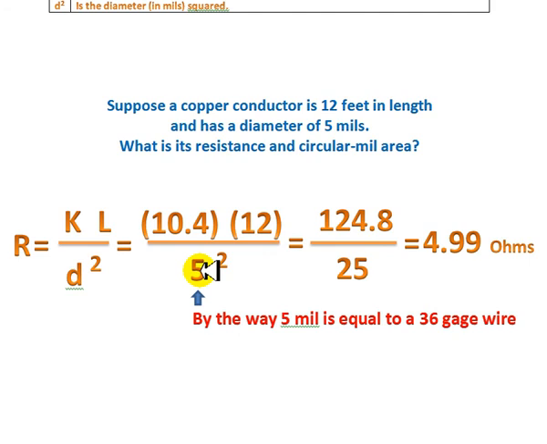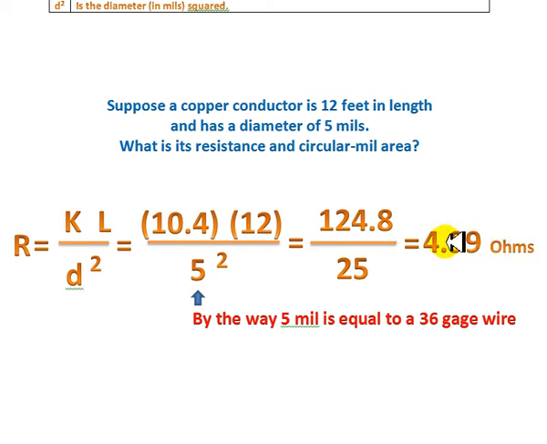That's what it's saying. So you take the 5 and you square it. 5 times 5 is 25. And 10.4 times 12 is 124.8. So 124.8 divided by 25 is almost 5 ohms, 4.99 ohms.